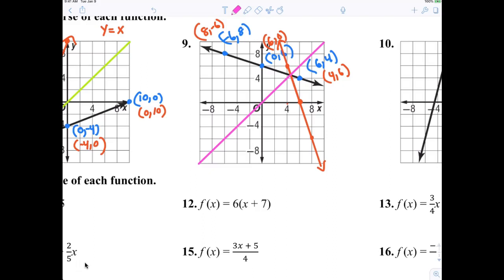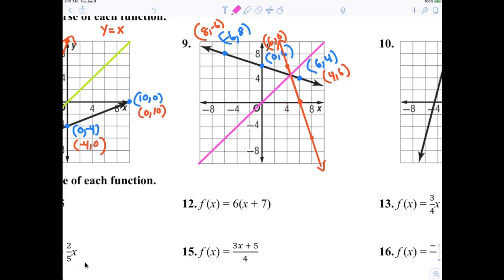On the test tomorrow, you don't have to graph y equals x. I'm just saying, if I was doing this, this is how I would do it. You don't have to mark them.